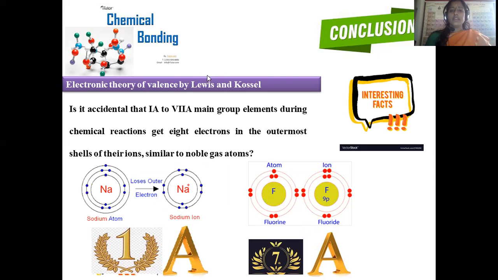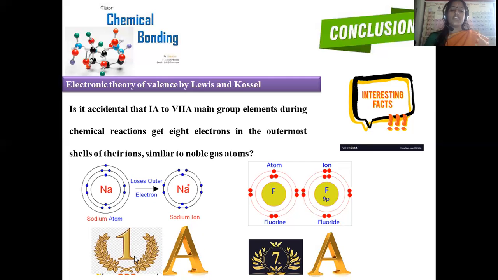Now, in extension to that conclusion, is it accidental that first A and 7th A main group elements, during chemical reactions, get 8 electrons in the outermost shell of their ions, similar to noble gas atoms? Is it possible for all, or only accidental for first group to seventh group elements? Some are losing electrons, some are gaining electrons.